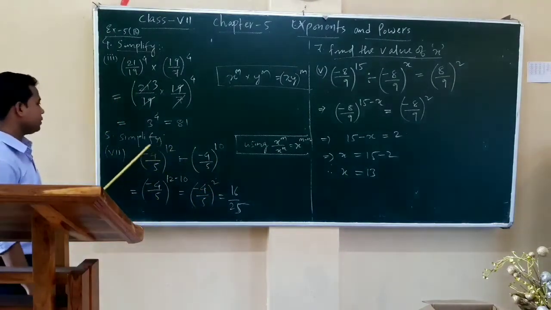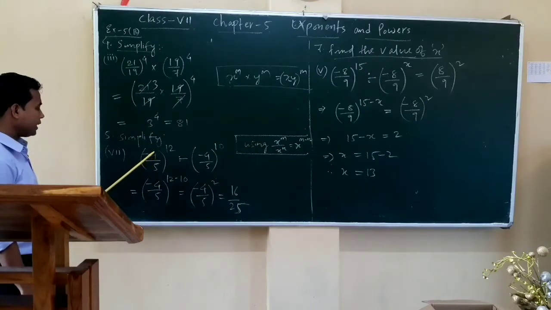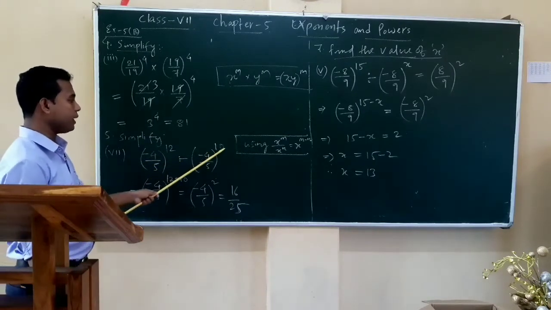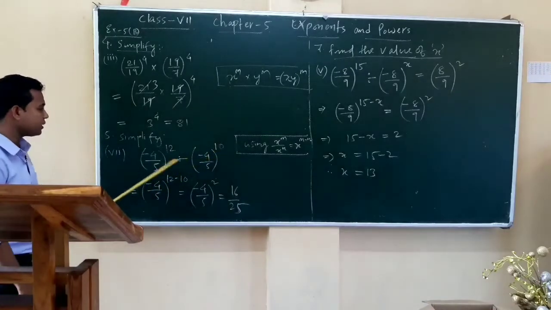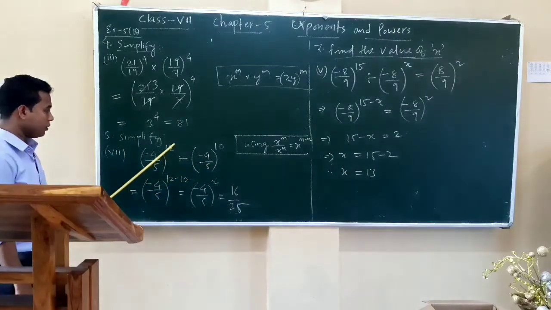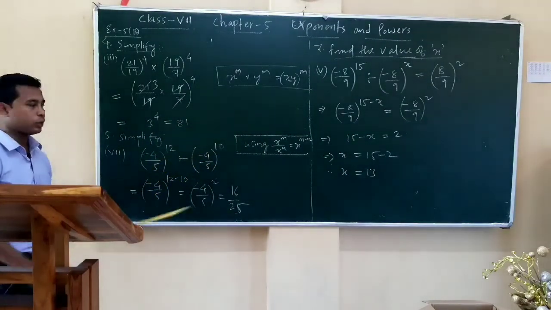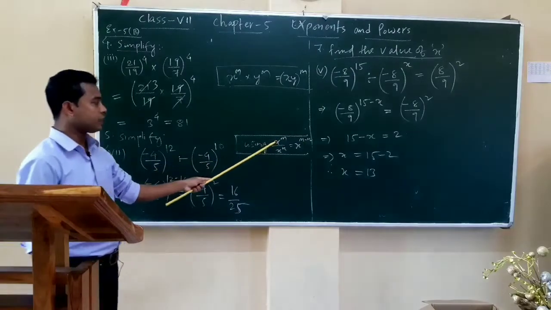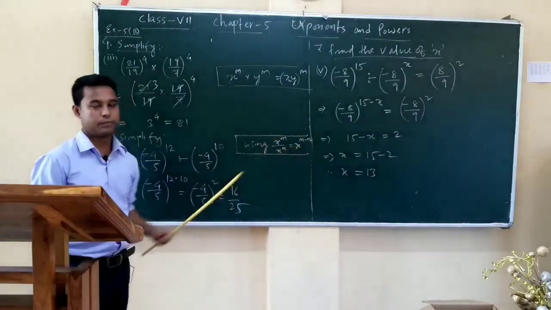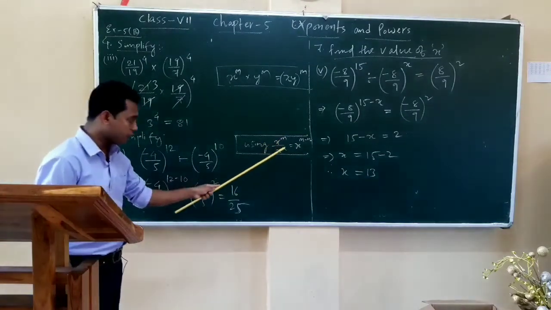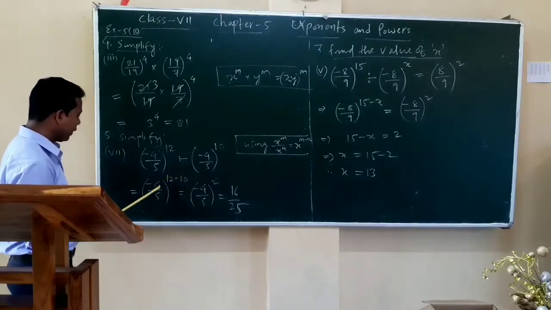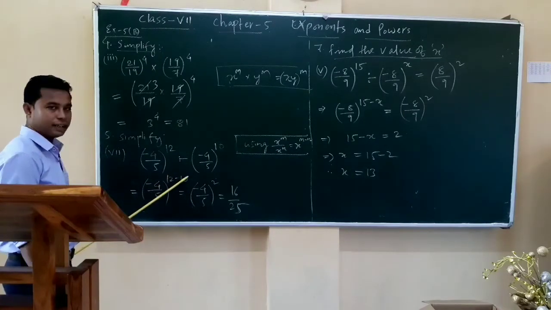Now the next question is simplify minus 4 by 5 raised to the power 12 divided by minus 4 by 5 raised to the power 10. In this case the bases are the same but the exponents are different. So using this law, x raised to m divided by x raised to n is equal to x raised to m minus n, where m is greater than n, we will have minus 4 by 5 raised to 12 minus 10.